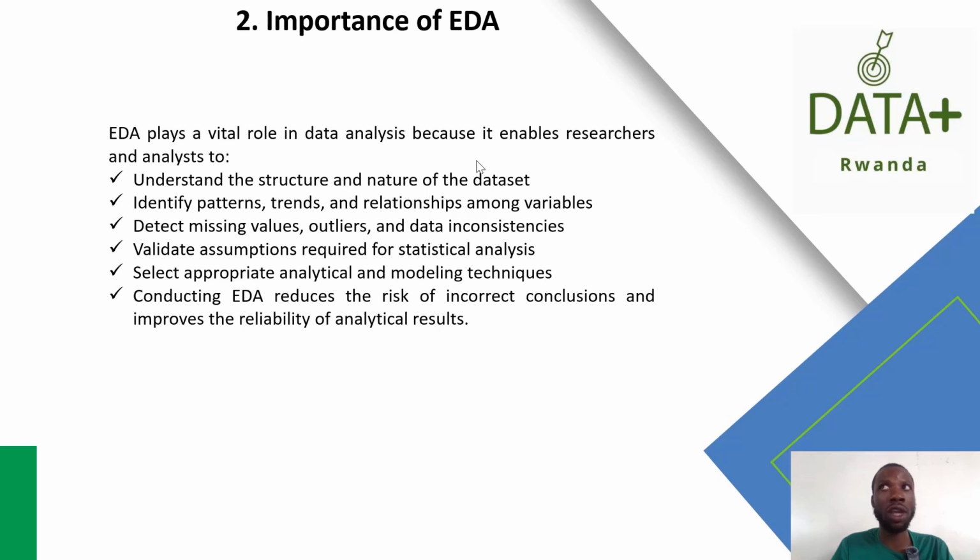We normally use summary statistics like the mean, mode, median, standard deviation, and variance. When we have categorical data, we can see the percentage and the frequency, or we can present it in visuals to make it visible.